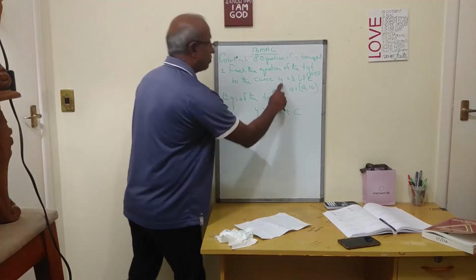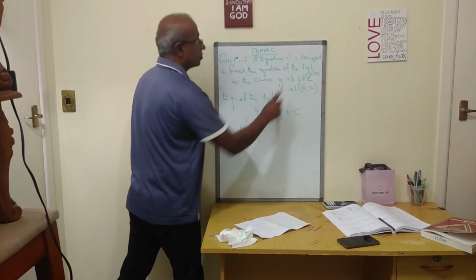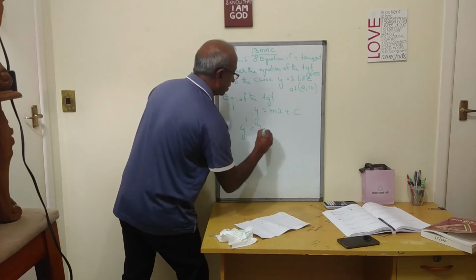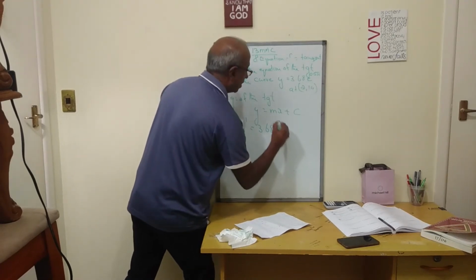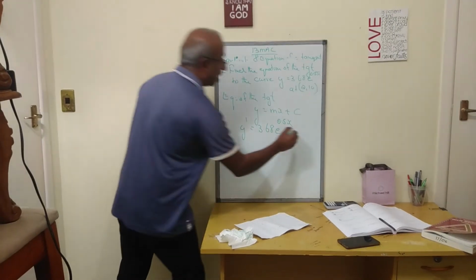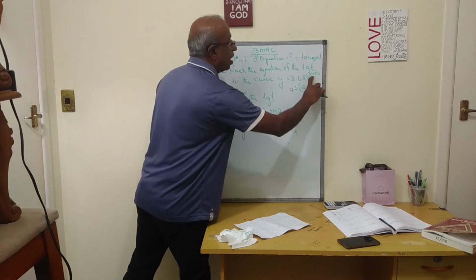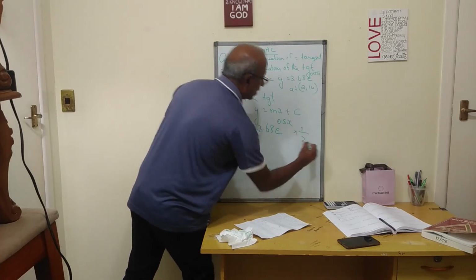Let's find the gradient. To find the gradient, we are going to differentiate this one. 3.68, that's an exponential function. When we differentiate an exponential function, we get the same function times, use a chain rule, and differentiate that power, we get 0.5, or we can write half.